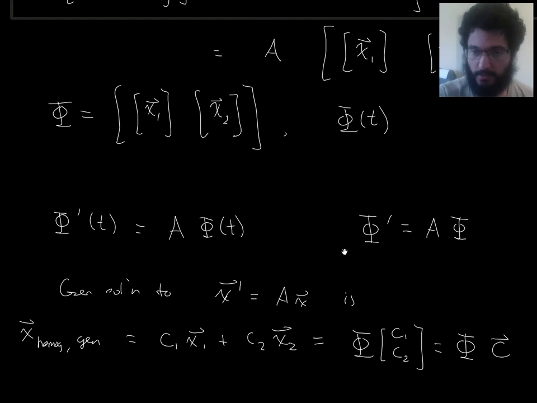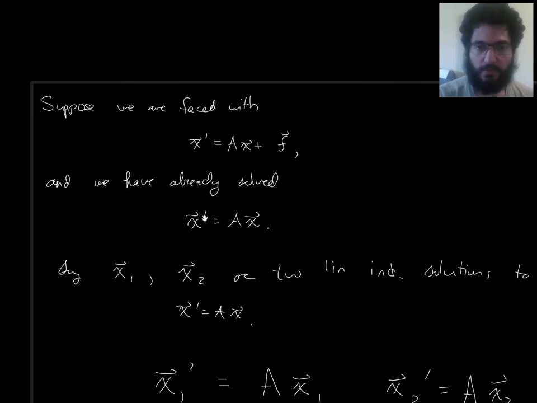One, you can communicate that x1 and x2 are solutions by just writing this. This is all you would need to test to make sure that you really do have solutions. And secondly, you can express the general solution by just writing phi applied to a vector of constants c. But that's all dealing with the homogeneous.